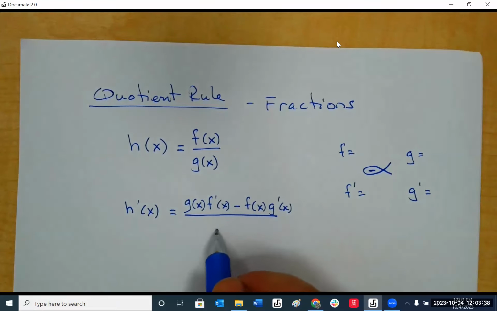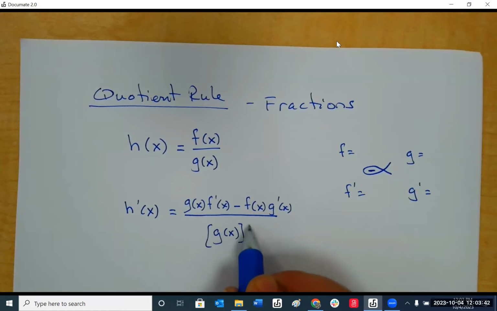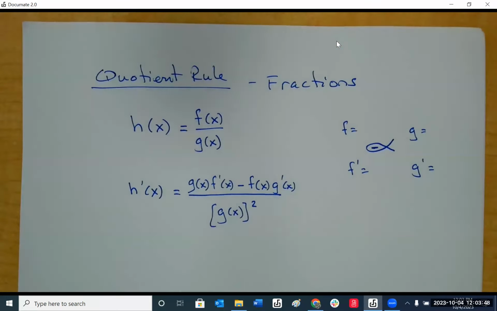And the bottom is g of x squared. So there's that formula.